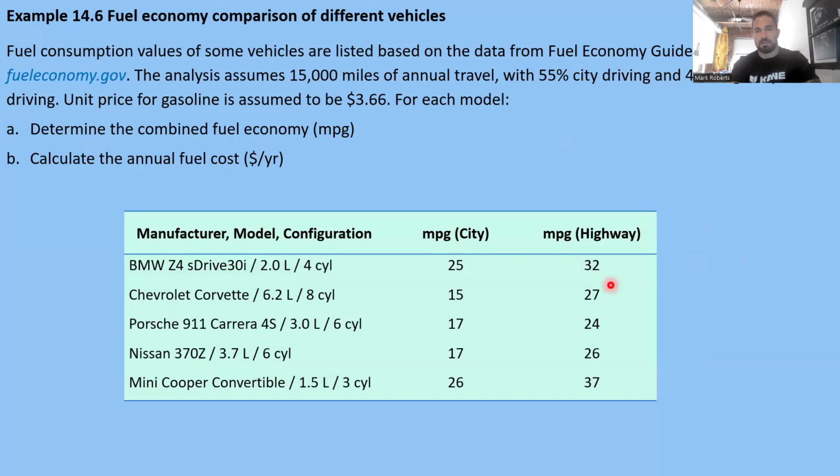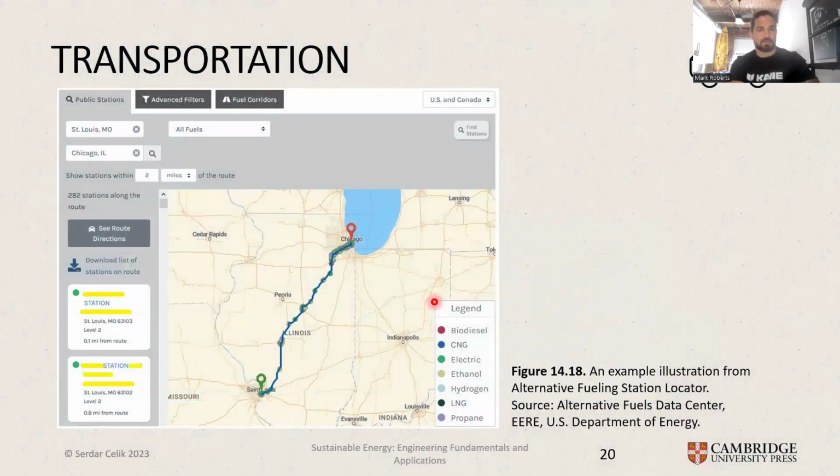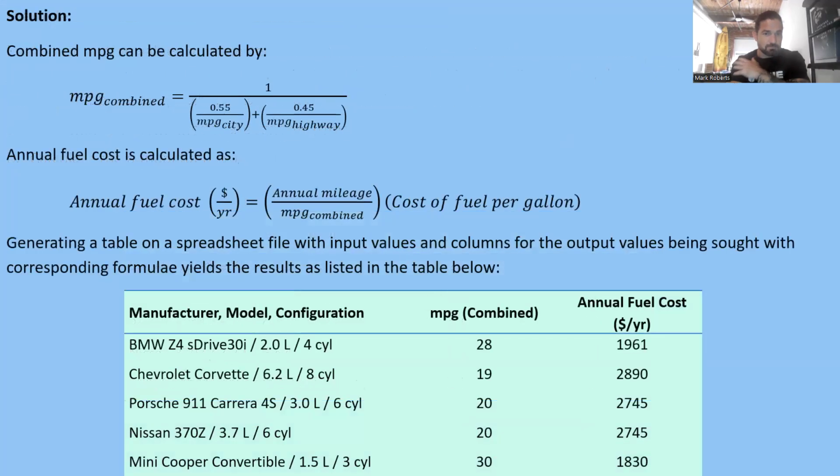Again, the miles per gallon on the highway is significantly higher. Then the annual cost is just the annual miles divided by the combined MPG, and then we get the dollars per year.